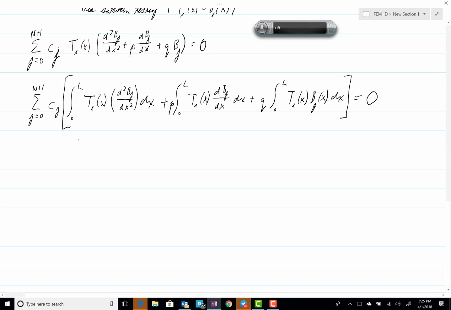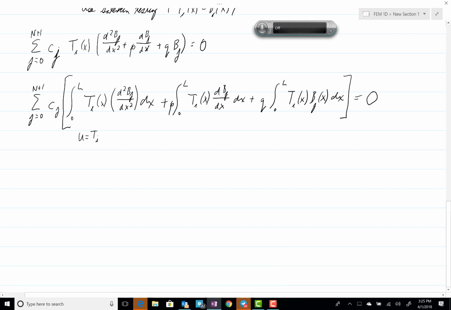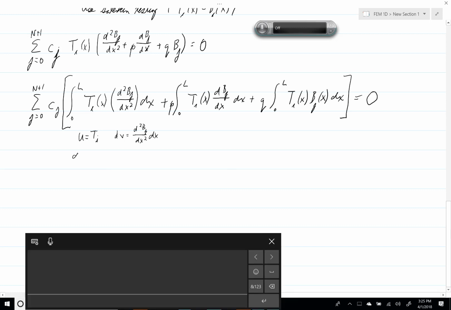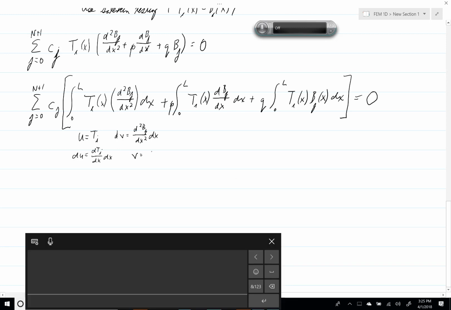We will let u equal T_i, and we'll let dv equal d squared b_j dx squared dx. And so this means that du is dT_i dx dx, and v is equal to db_j dx.